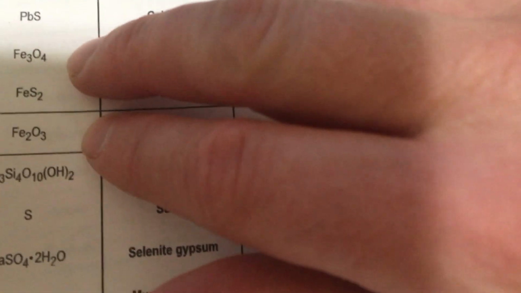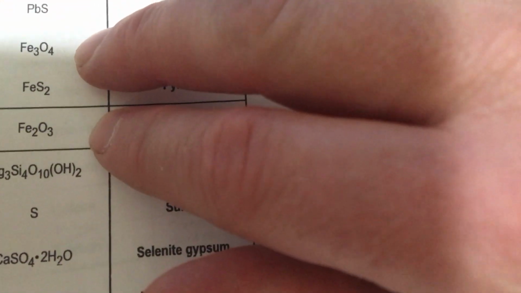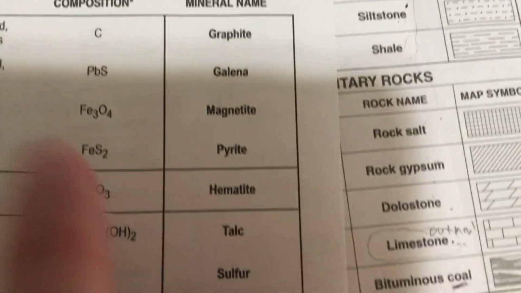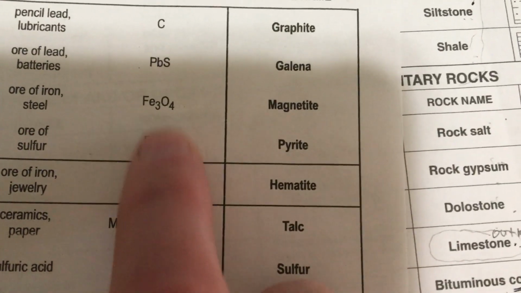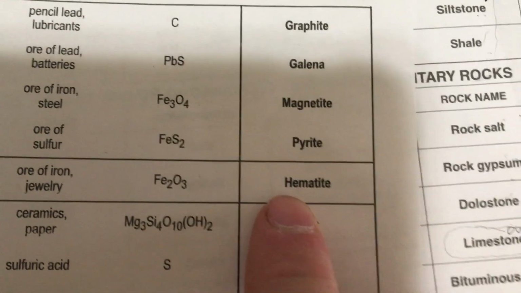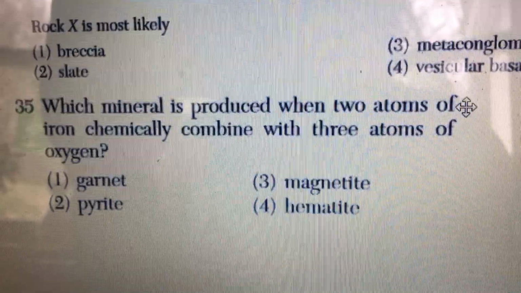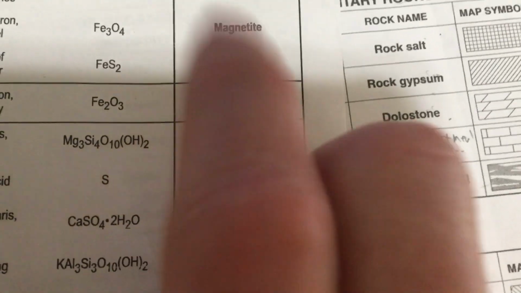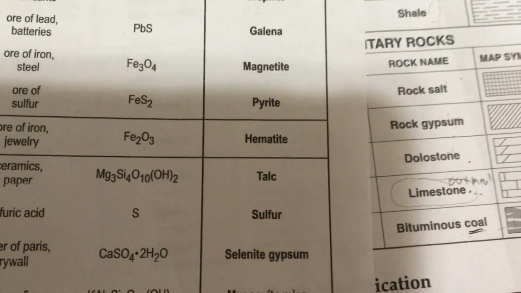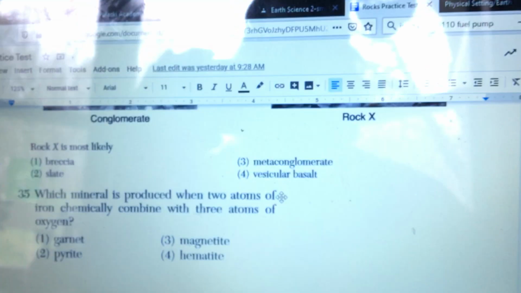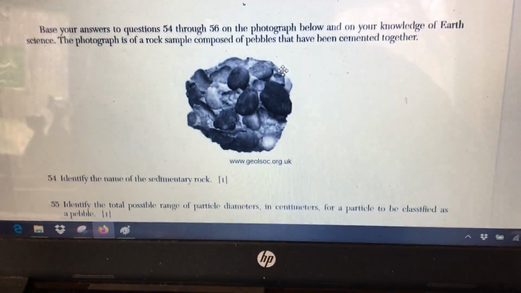All right, so if we want 2 atoms of iron and 3 atoms of oxygen, that's what it is. So that one's a little trickier than I thought. But we're looking for hematite just with that combination. It really is just like numbers. 2 Fe's, 3 O's, hematite. I don't think they'd be as tricky on that one and give you as many choices, but hey, New York State.